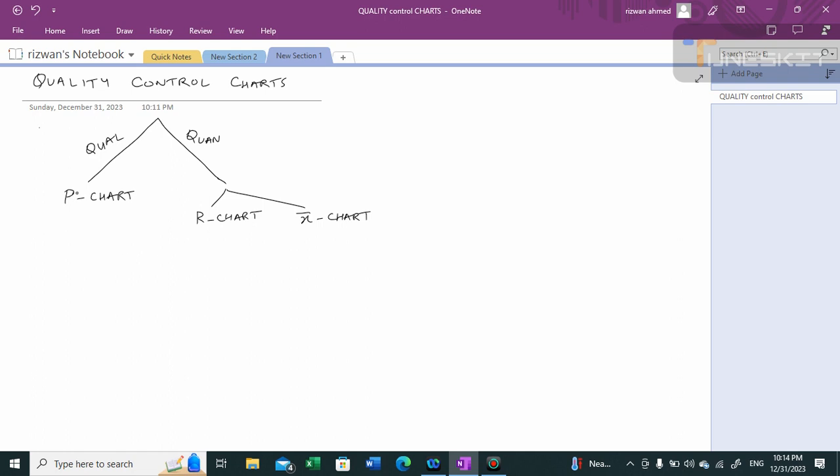In our course outline, these three charts are included, so we'll be focusing on these three. Early on, I am talking about the three different types of variations that may occur in a process that we observe for the quality conformances.